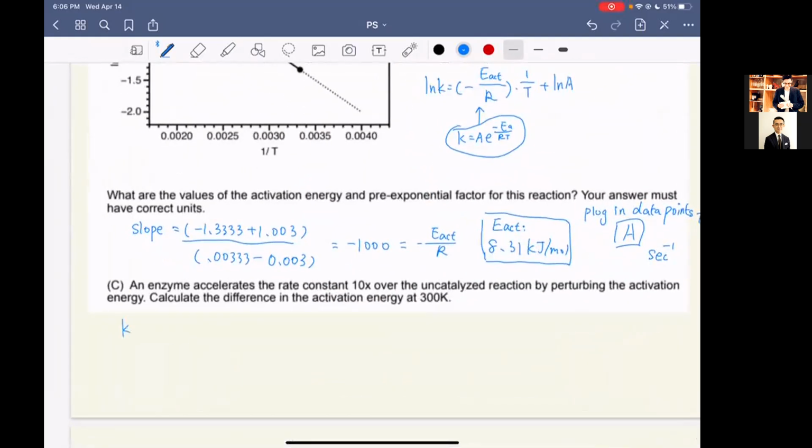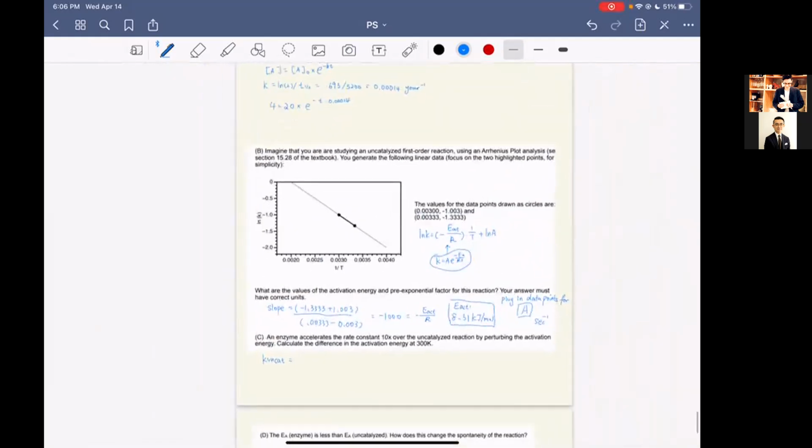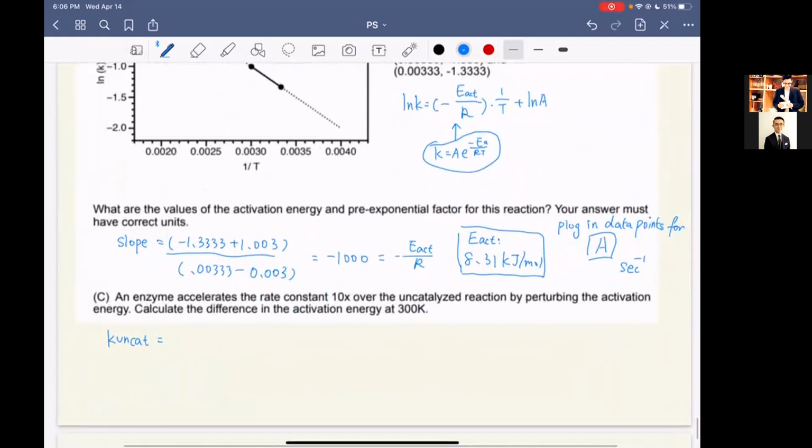Actually, that's going to need us to know the pre-exponential factor from the previous question, and I'll just tell you the answer: it's going to be 7.4.